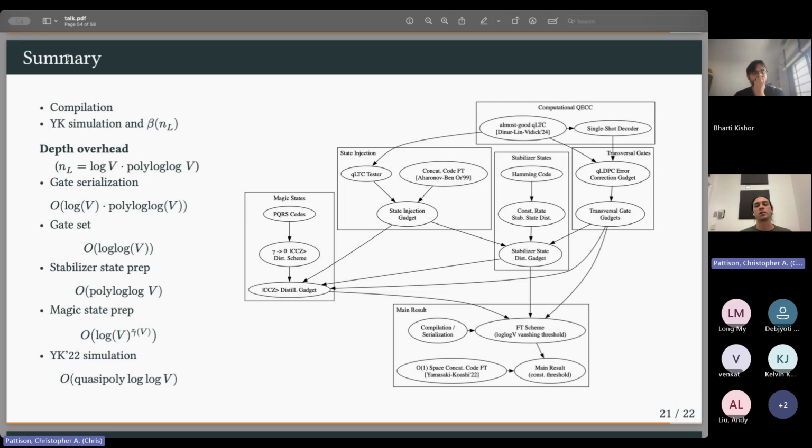So our work depends on the QLTC of Dinur-Lin-Vidick, and the QLTC of DLV requires the construction of these small-sized local codes, for which we were aware of a proof of this construction by Panteleev and Kalachev, and that proof has recently been posted on the arXiv as of 2 weeks ago.